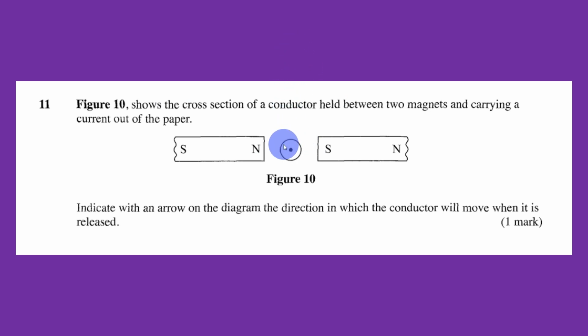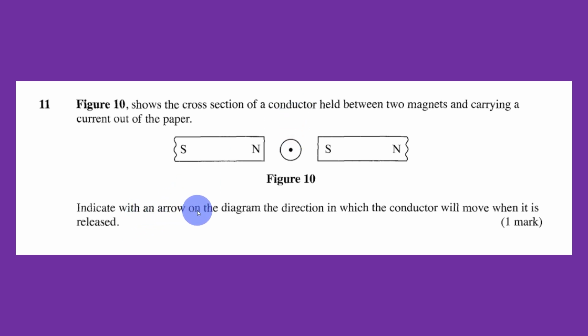states that if the second finger points in the direction of the current, in this case it will point out of paper, and the first finger points in the direction of the magnetic field, which is from north to south, then the thumb will point in the direction of the force that this conductor experiences. And we can see that once you use that rule, you will realize that the force on this conductor is vertically upwards.